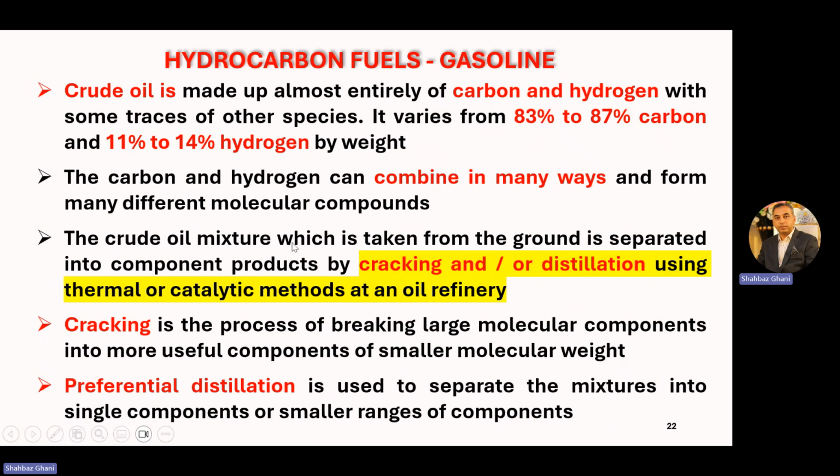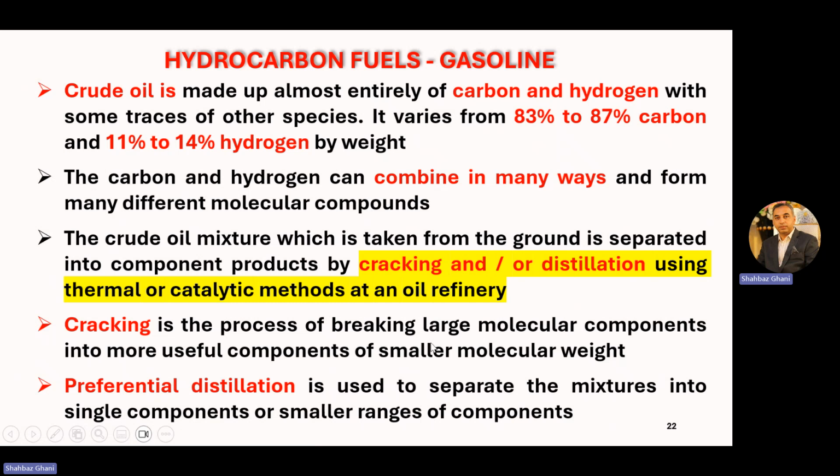So crude oil, which is the basic oil we extract from the ground, undergoes these two chemical processes: one is cracking and the other is distillation, using thermal or catalytic methods at an oil refinery.